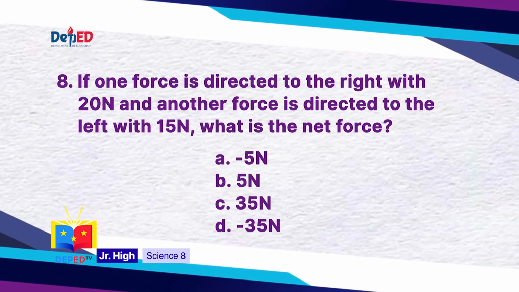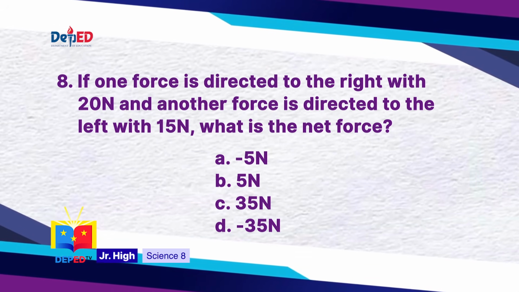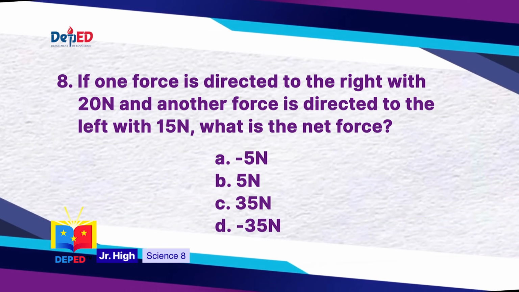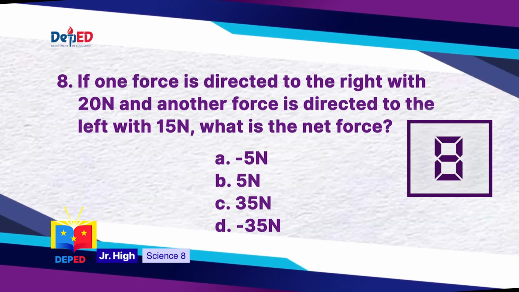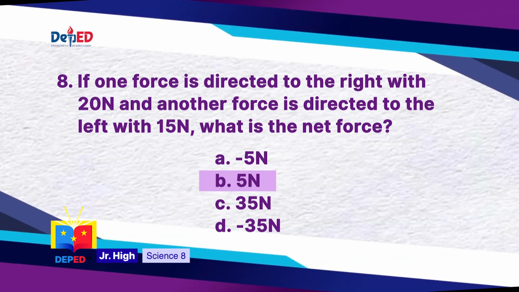If one force is directed to the right with 20 newtons, and another force is directed to the left with 15 newtons, what is the net force? Negative 5 newtons, 5 newtons, 35 newtons, negative 35 newtons. Five newtons.